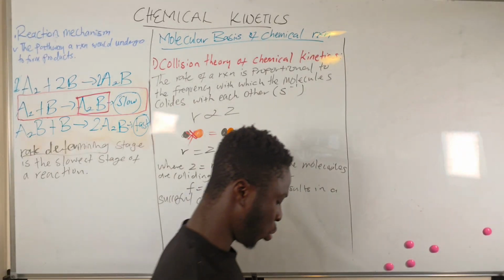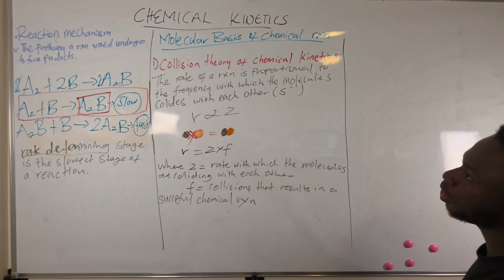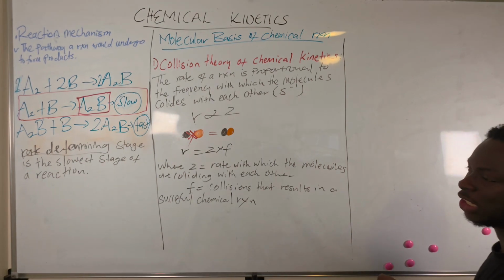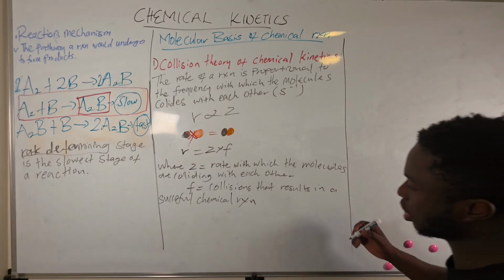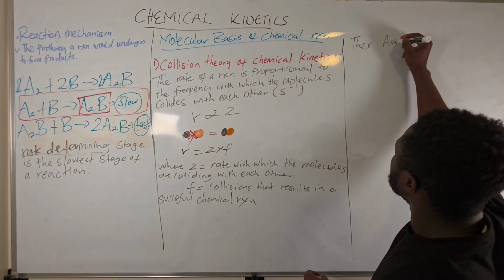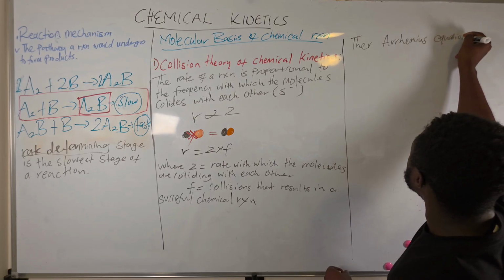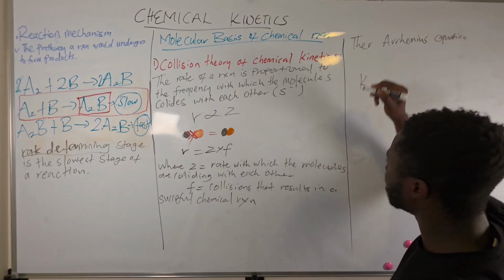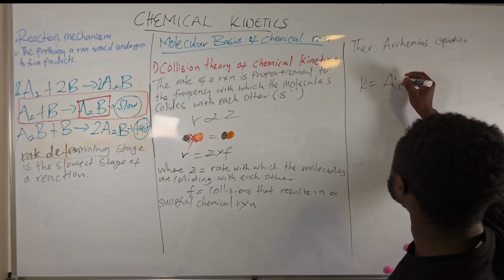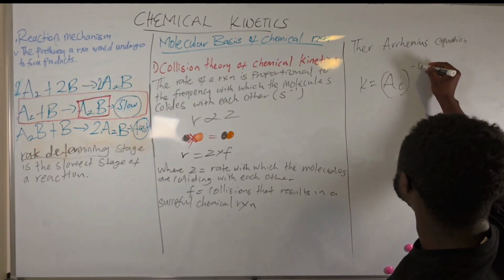Now moving towards a more complex approach, which I am not going to go deep into, the collision theory of chemical reaction could also be explained using the Arrhenius equation. The Arrhenius equation states that k, which is the rate constant, is equal to Ae to the power of negative E over RT.